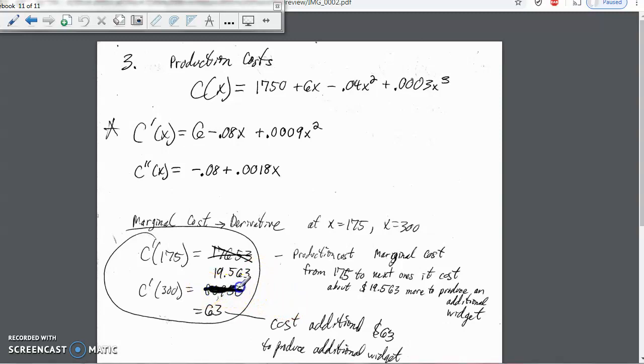I made a little mistake the first time. I might have plugged this into the original equation instead of plugging it into the derivative equation. So make sure you find the derivative. The derivative is the marginal cost.